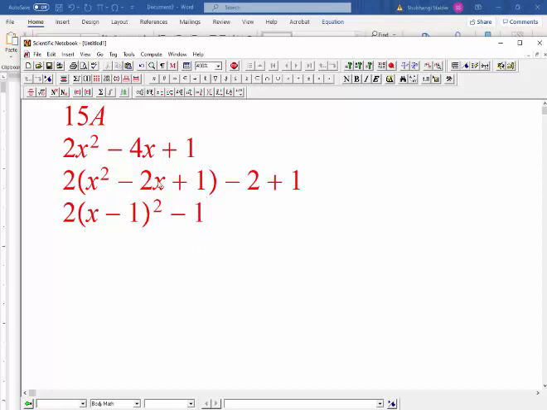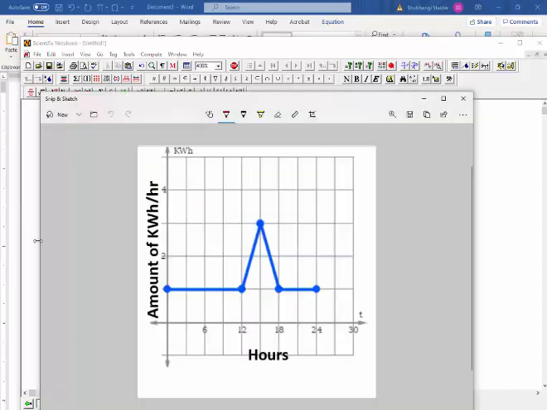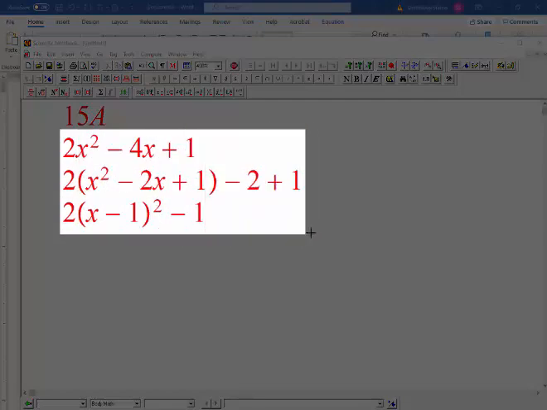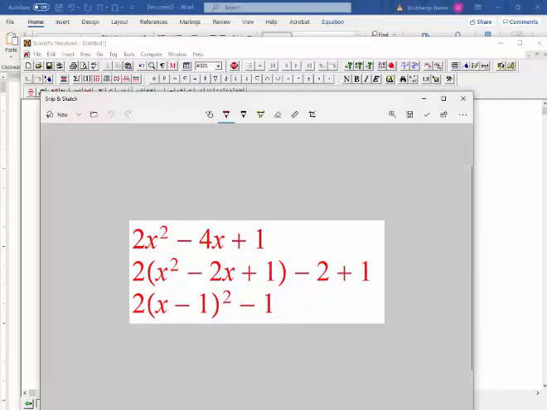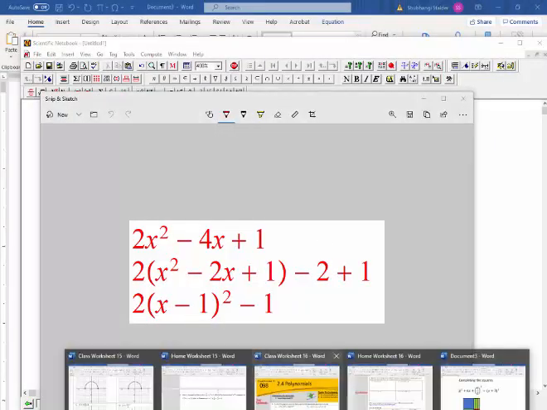This allows you now to see why completing the square is useful, because I would now know how to sketch the graph of this quadratic function. Can you see? What shape will it be, do you think? So I'm going to take this and go back to our original problem.